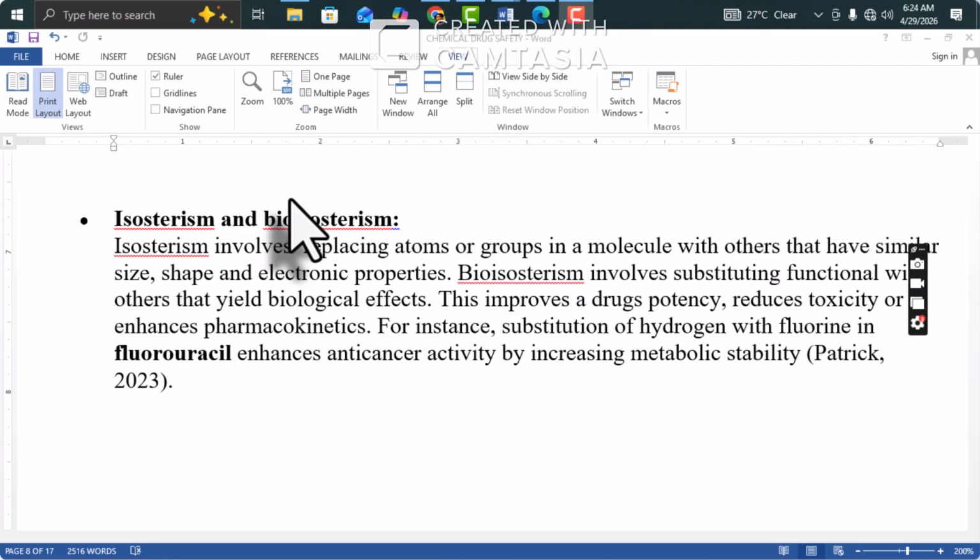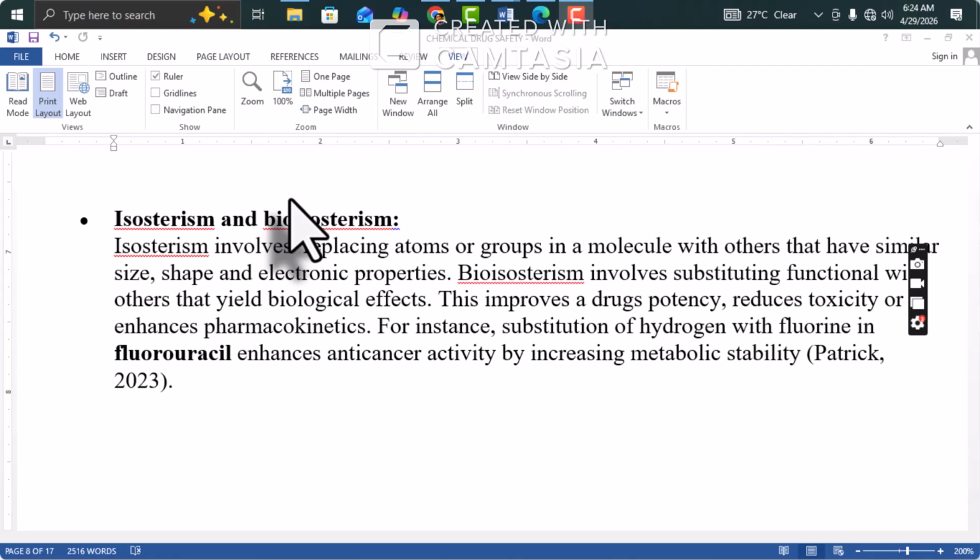You want to create a better API. How can you go about it? So you can look for an atom or groups of atoms in a molecule, and then you replace them with similar groups that will give you different electronic properties.